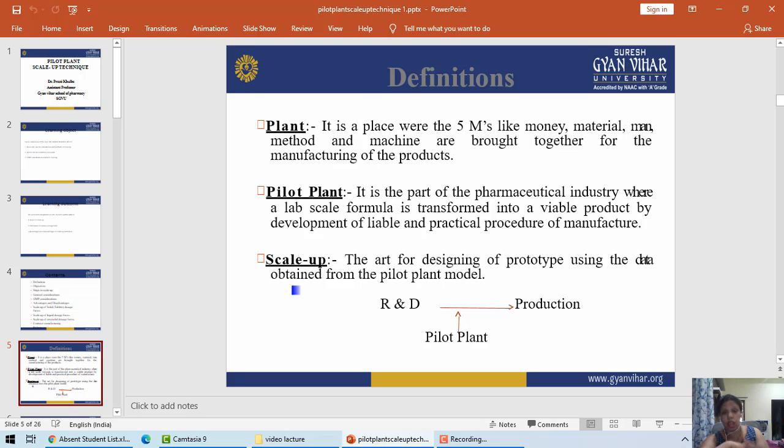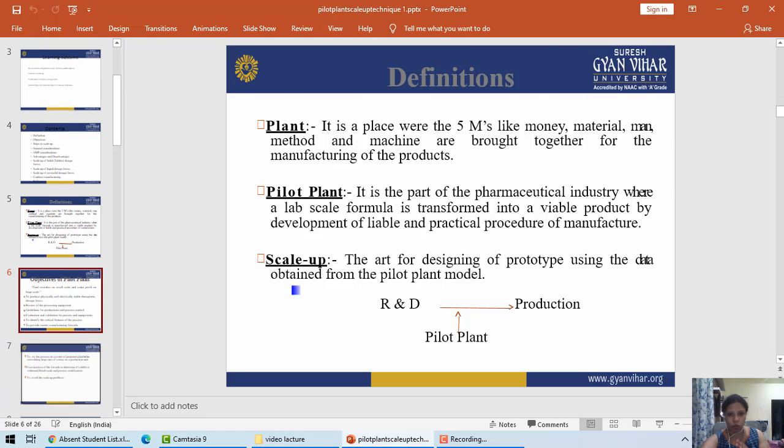It is the designing of a prototype using data from the pilot plant for large scale manufacturing. So these are the three definitions: plant, pilot plant and scale up. Hope you now know all the terms.